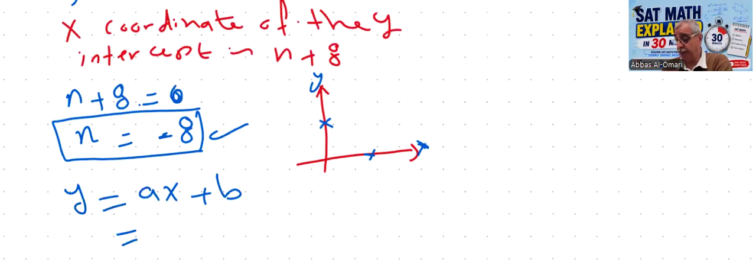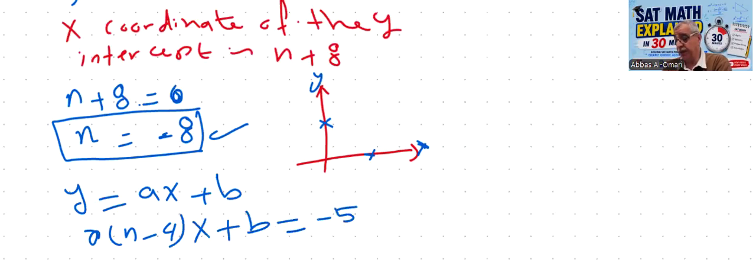So a into n minus 4 plus b equals minus 5.